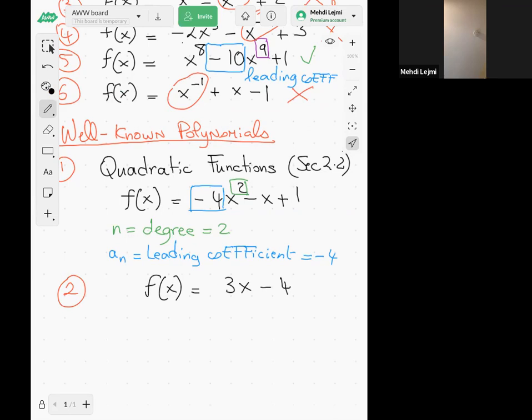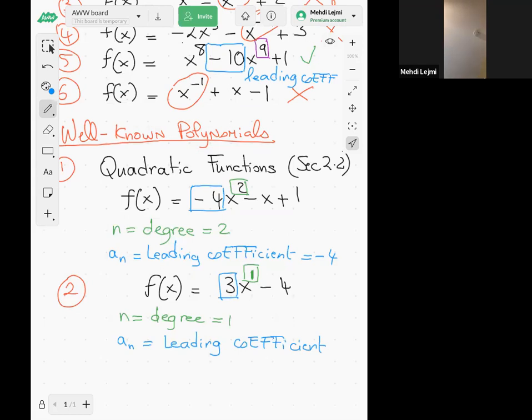If you have just x, that's x to the power 1, so the degree n is equal to 1. That's the highest power of x. And of course, your leading coefficient, a subscript n, in this example, is 3.